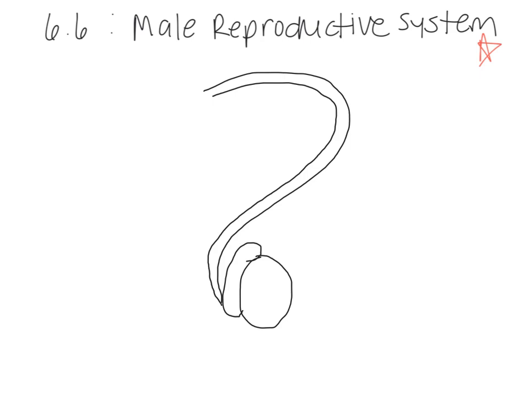I'm going to stop for just a second and draw in a couple things that are underneath. Right underneath of where this vas deferens curves around is the urinary bladder. It's not technically part of the reproductive system, but it does share some of the same ductwork.